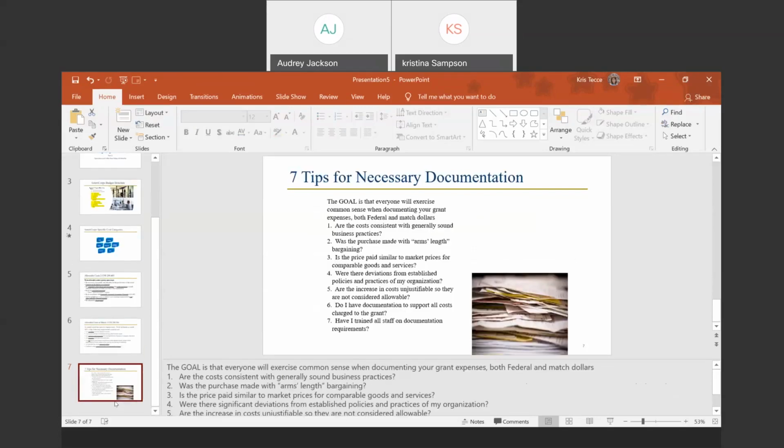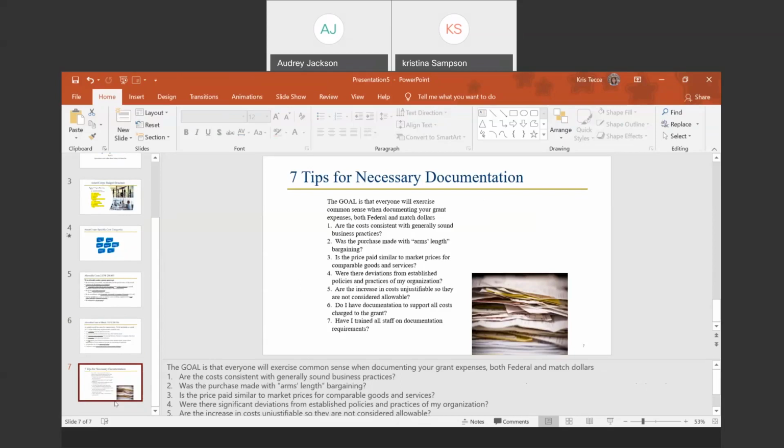In terms of thinking about documentation, again, as you're putting together your budgets, there's seven pieces necessary, and really the goal of this is to think about what requirements are there as you're putting the cost together to ensure that you have them. So, are the costs consistent with generally sound business practices? Was the purchase made with arm's length bargaining?